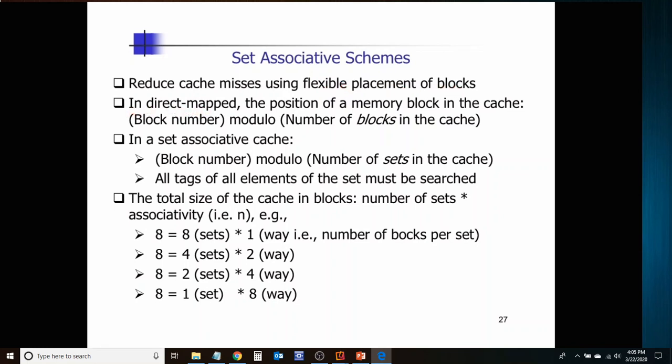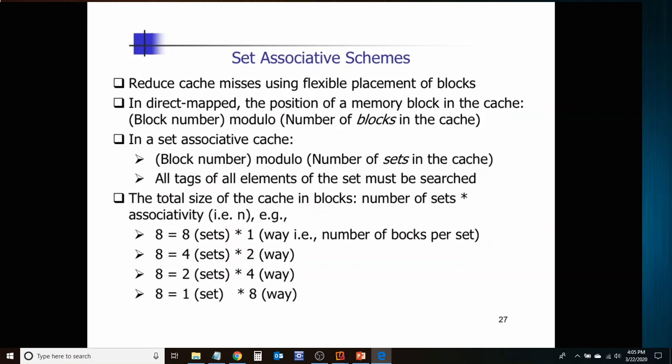In direct mapped, we compute the position of the memory block by using this formula, which was the block number modulo the number of blocks in the cache. And we have seen an example of this in the previous video. Note that in that example, we were talking about one word per block.